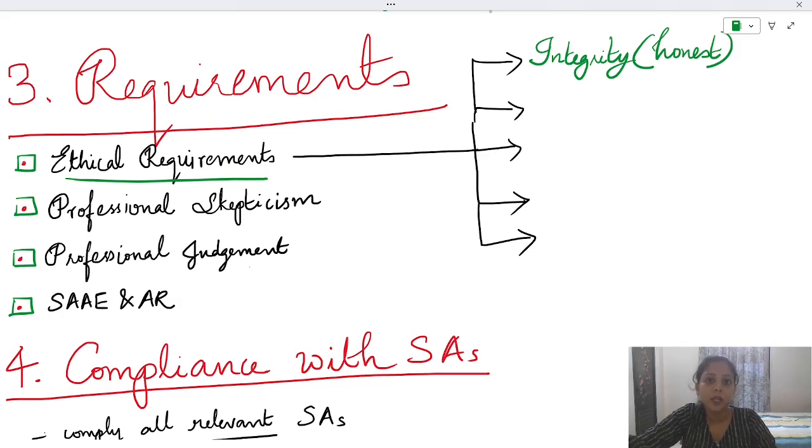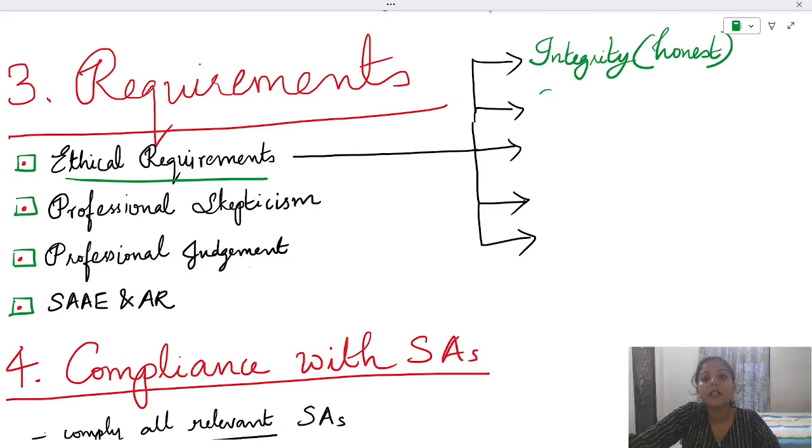Are you expected to conceal that because you know that person? No, you should be honest in your profession. So integrity should be maintained. You should not conceal that particular fact. You may have reporting responsibilities and you should do it honestly.